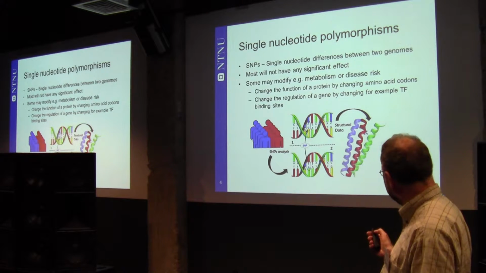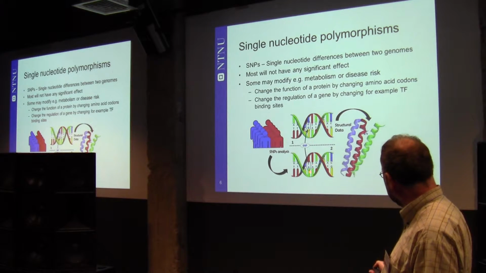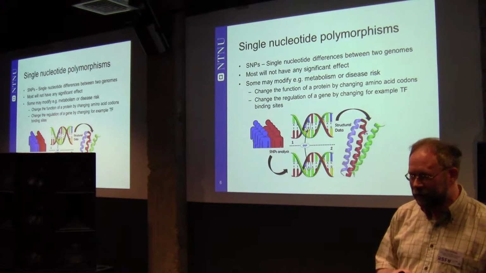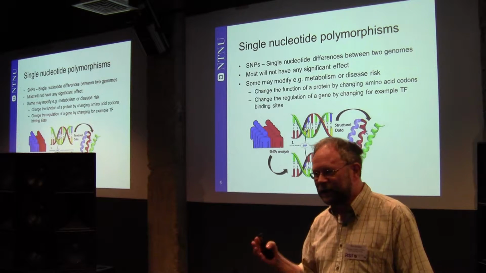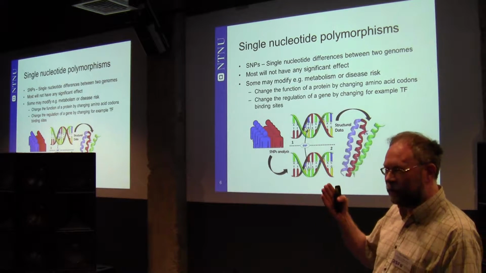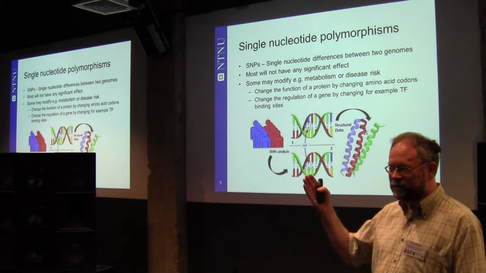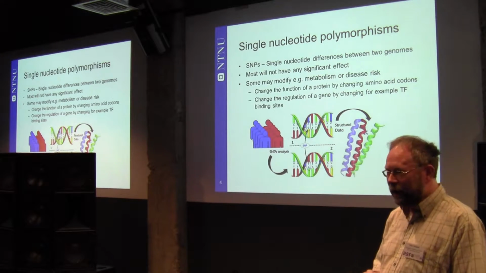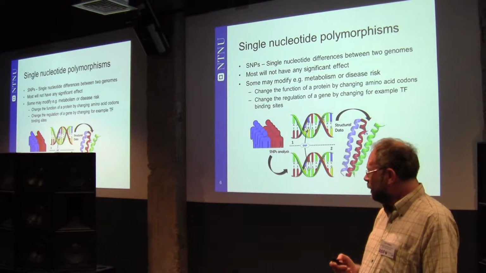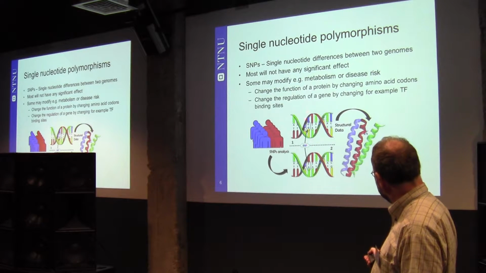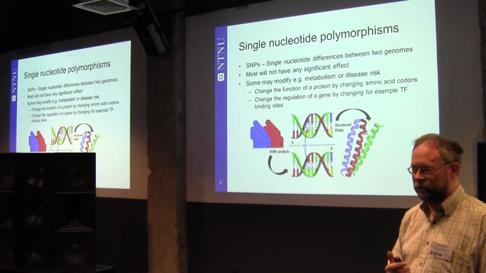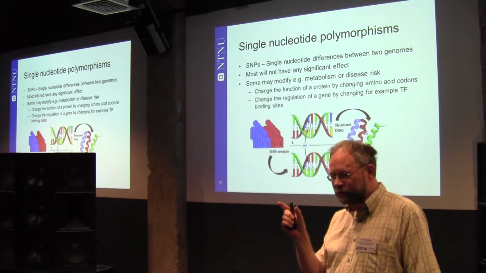But you should be aware that there are also so-called silent mutations that have an effect, even though it's silent in the sense that it doesn't affect the protein code. The protein is the same. But there has been published at least one example where the normal situation is that you have a rare codon at that position. So you have a codon that is not very frequent.